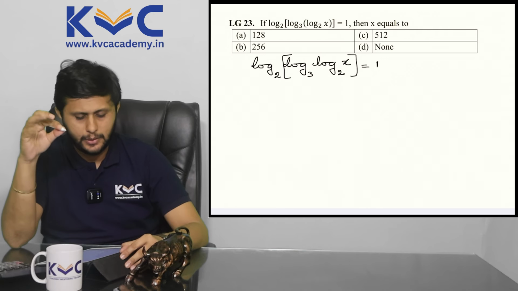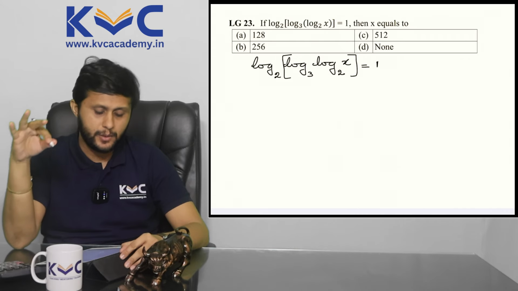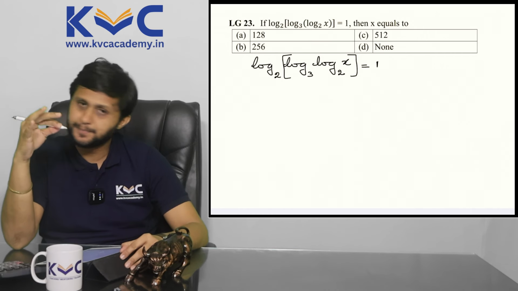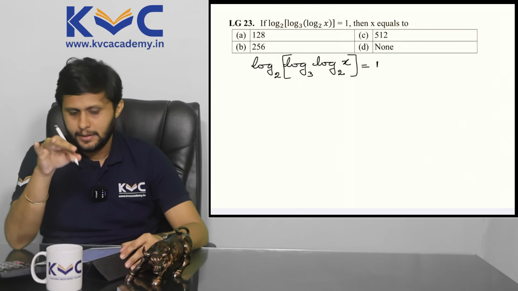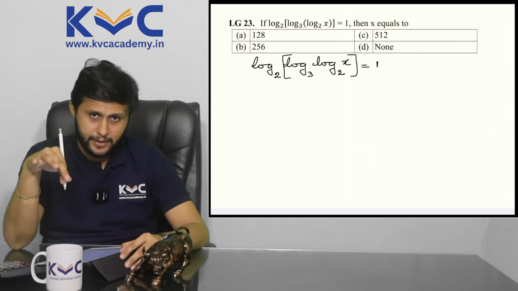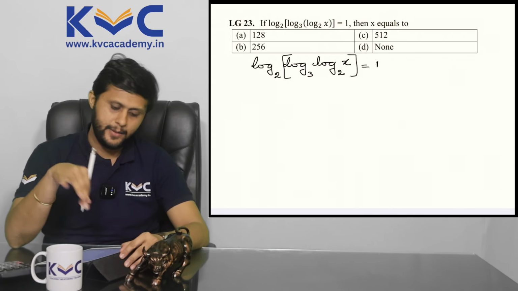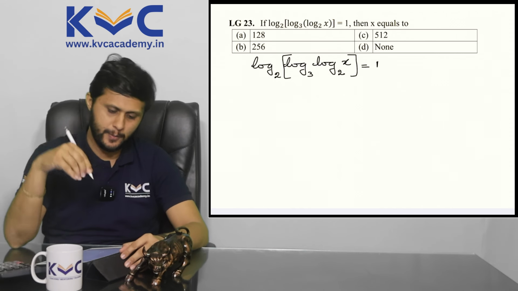Now, how do we convert logarithm form to exponential form? Base of logarithm becomes base of exponential form. The answer of the logarithm that we have taken goes to the power. And what is there inside the logarithm becomes the answer under exponential form.